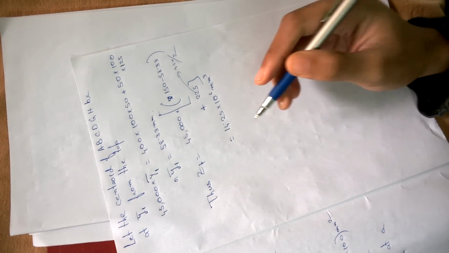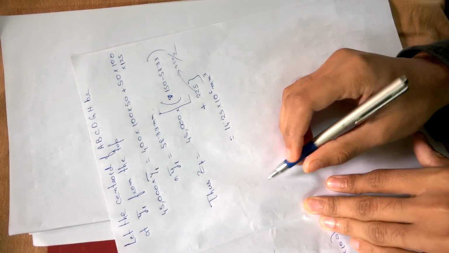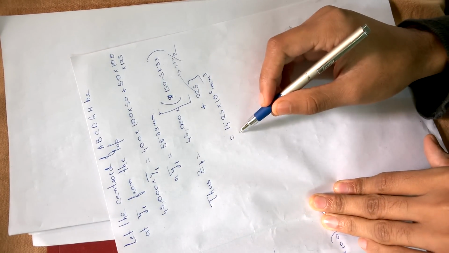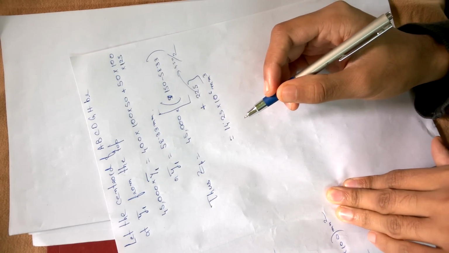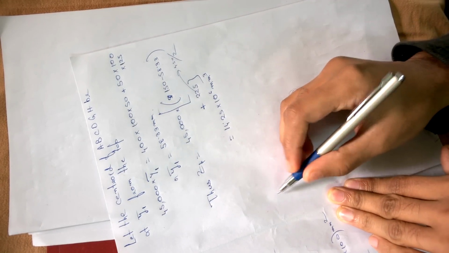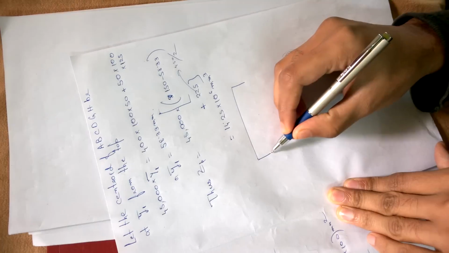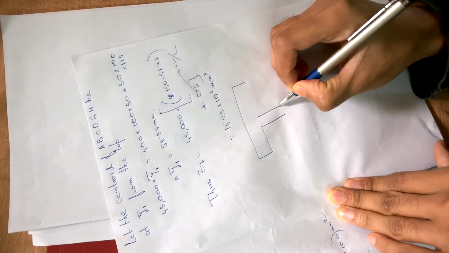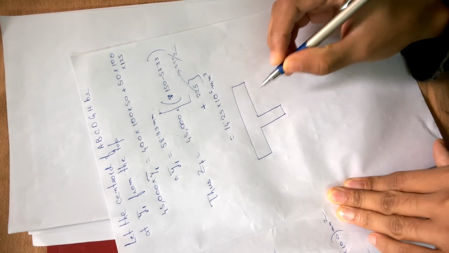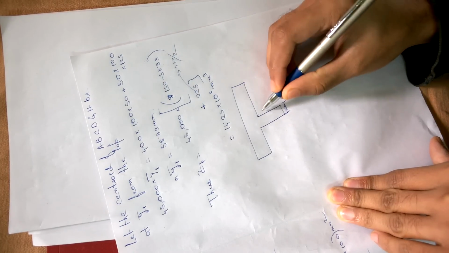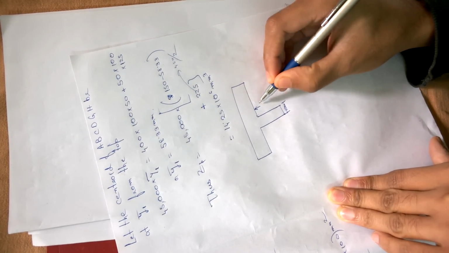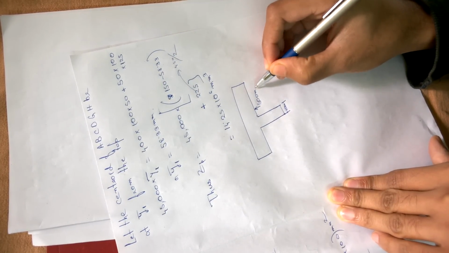Now we have to find the Ze. First, for finding out the Ze, we need to find out the centroid of the T section. So this is a T section. Again we draw this, and this is around 100 mm. This is 500 mm.